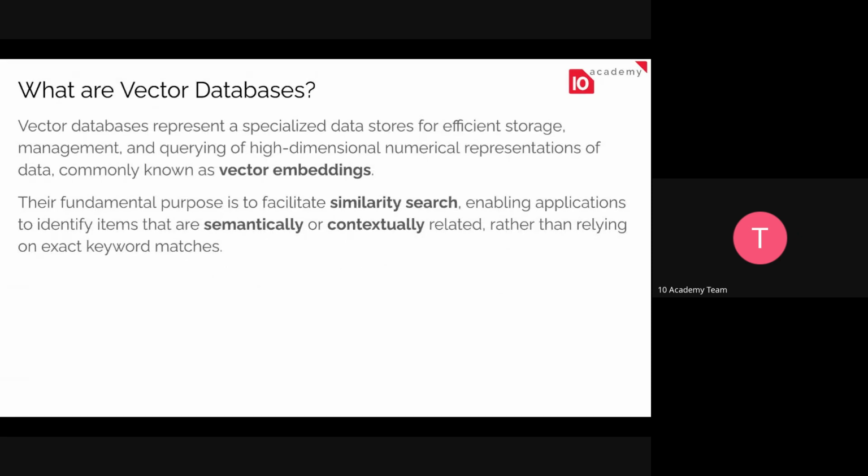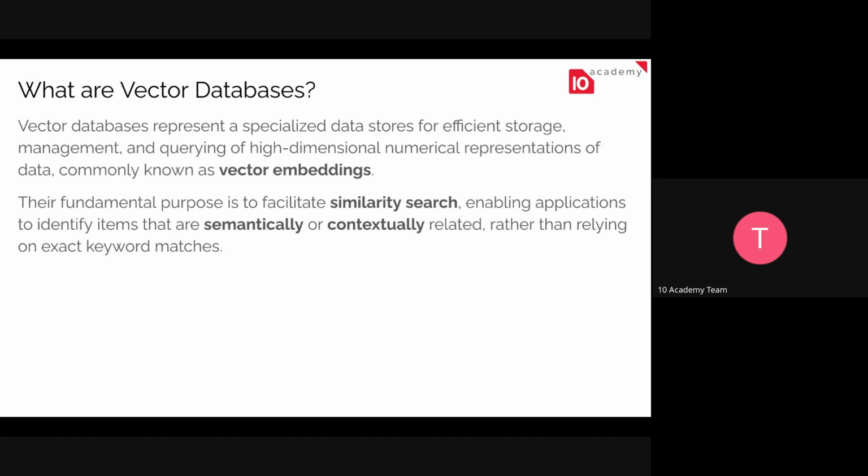So before starting, let's talk about what a vector database is. I'm sure most of you, if not all of you, know what a database is. But a vector database is something that came into play with the emergence of AI.